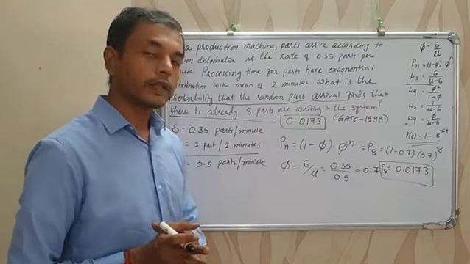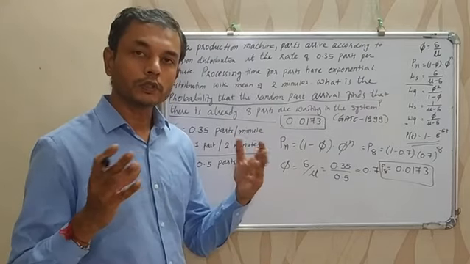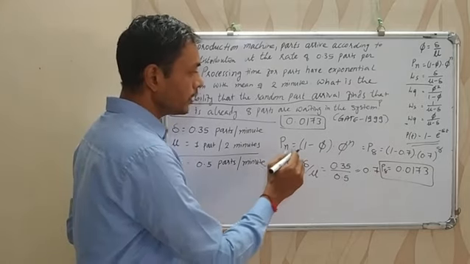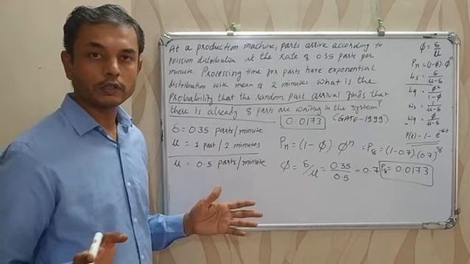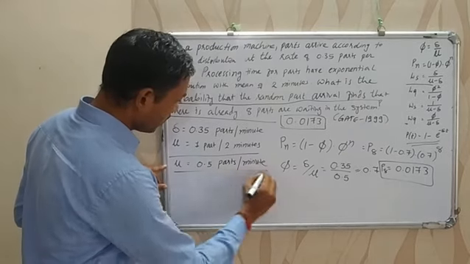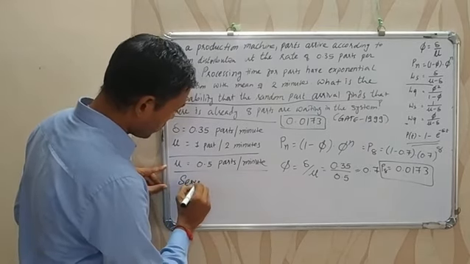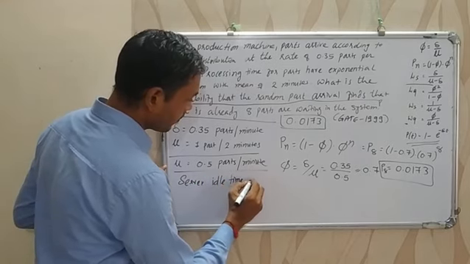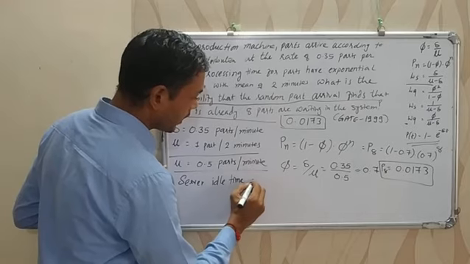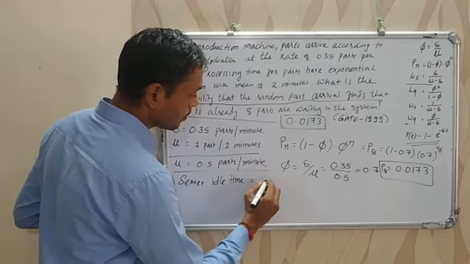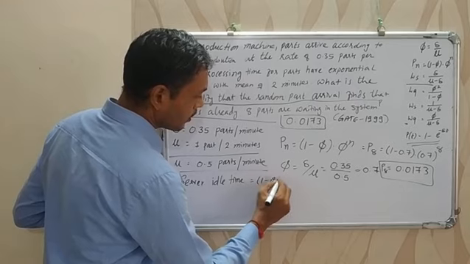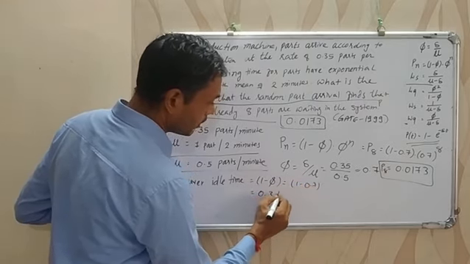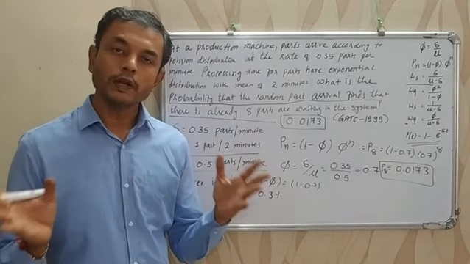In a variation, it may ask to calculate how much time the server remains idle. So the server idle time probability, where there is no customer, is 1 minus rho. It is 1 minus 0.7, so for 0.3 of the time the server remains idle.